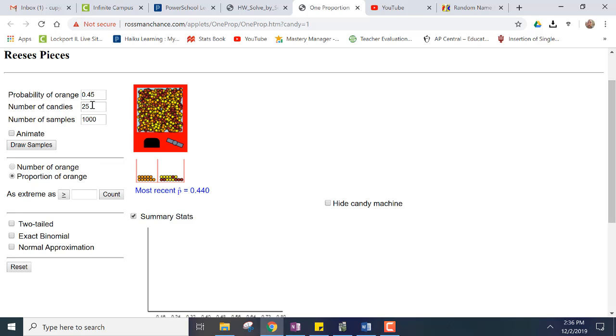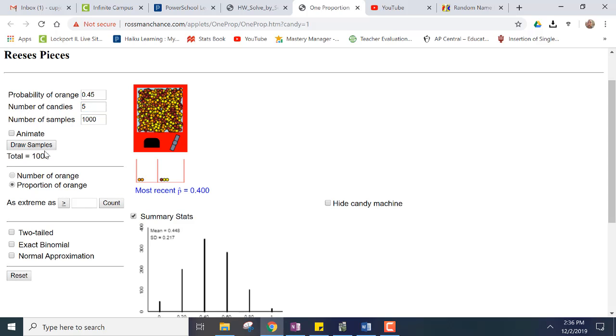We're going to go 0.45, and we're going to increase the sample size slowly. And we want 1,000 samples. So 0.448 and 0.217. And it's somewhat normal.